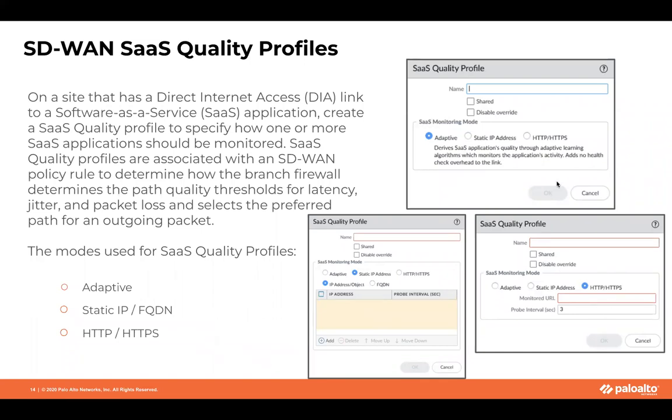We have three different SaaS Quality Profiles for SaaS-based applications. The first one is HTTP or HTTPS, where we're actually probing a URL. You can utilize this for something like Office 365.